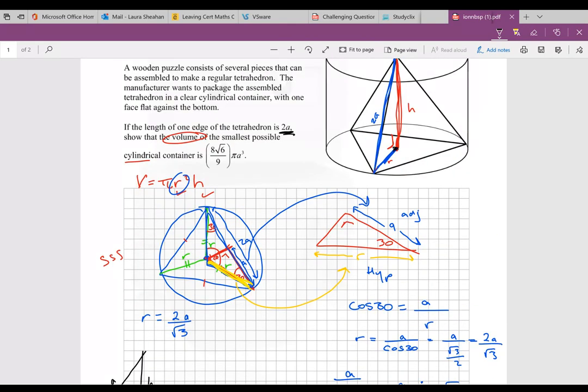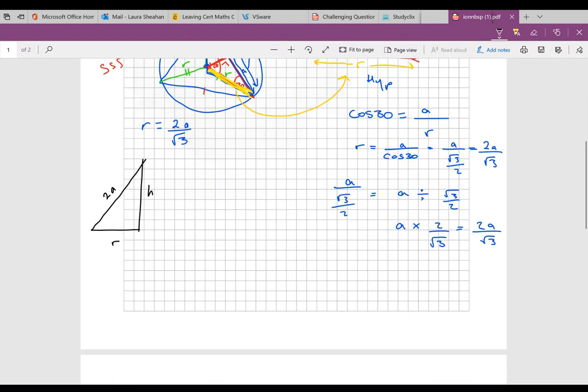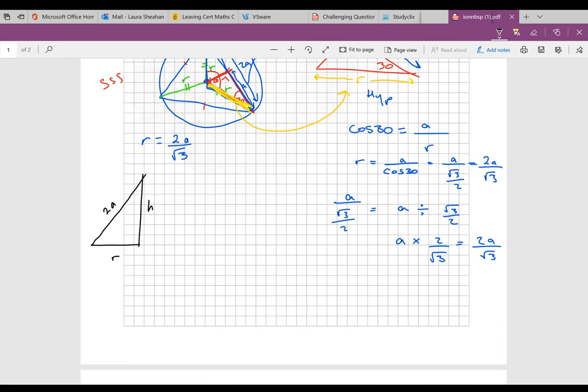Looking back here, it's all just about connecting. This is hard to see, and it is just with practice. So I can use Pythagoras here. I can say 2A squared is equal to h squared plus r squared. That will give me 4A squared is equal to h squared plus r squared.